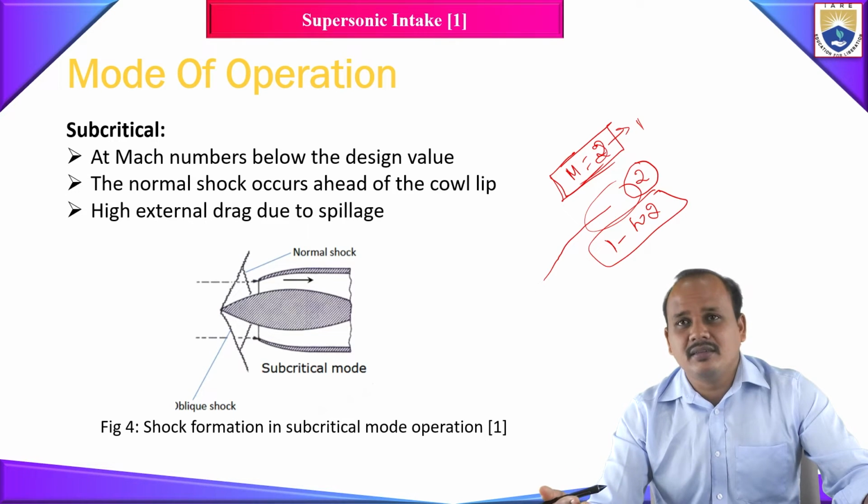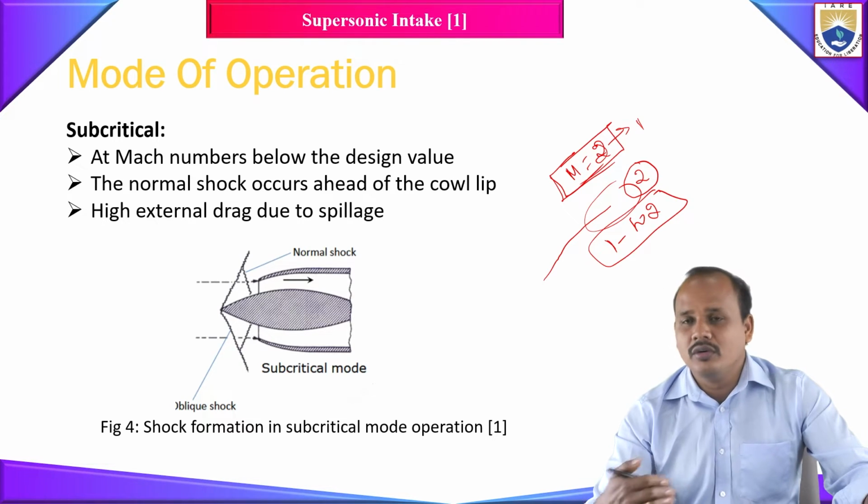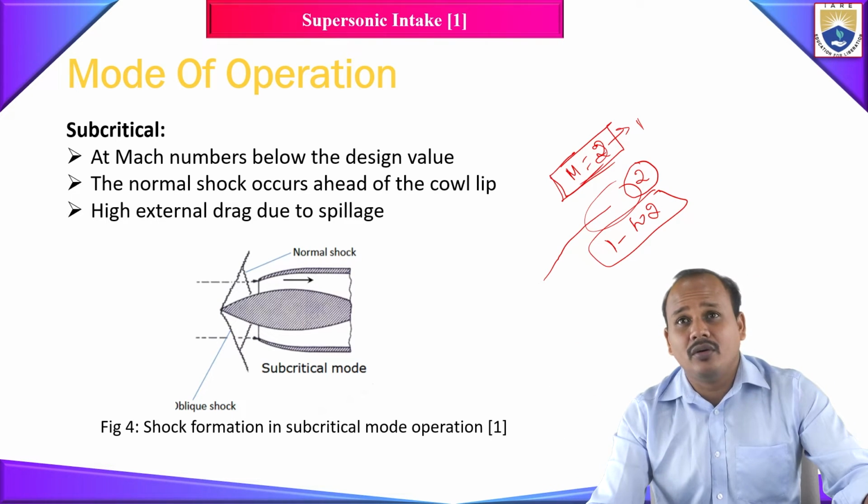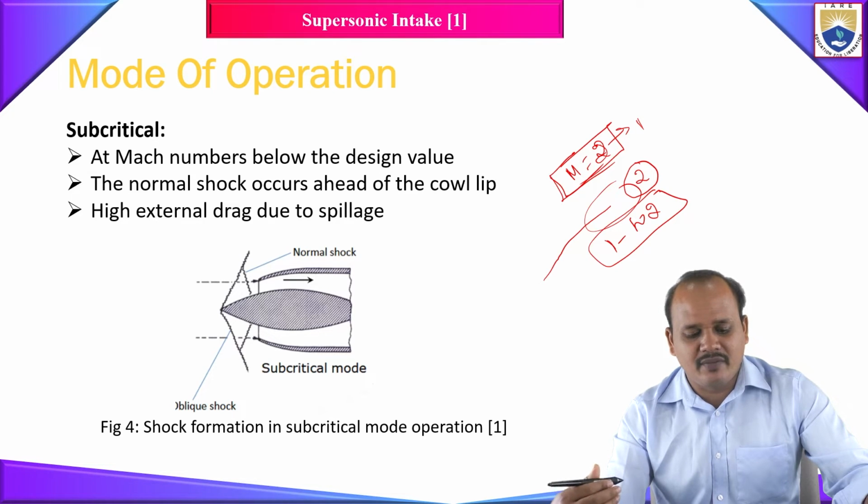Obviously, if your aircraft has to reach Mach number 2, it first has to go through this subcritical mode of operation. Or, due to certain reasons, you may fly your aircraft less than your design speed. So what will happen if I fly my aircraft less than the design speed? That's what we are going to see.